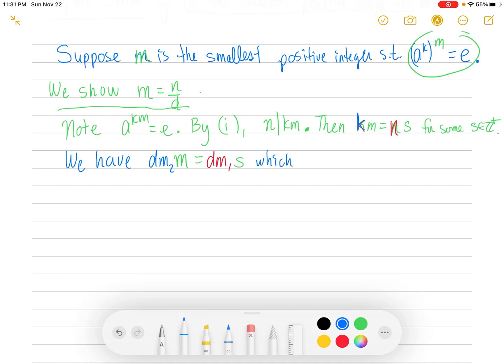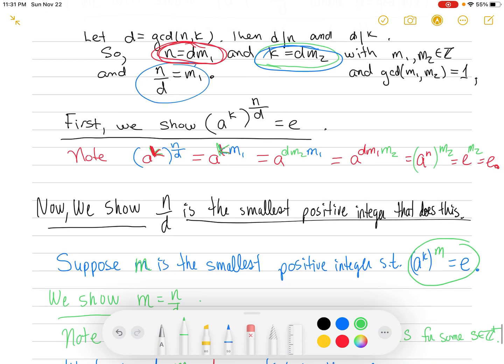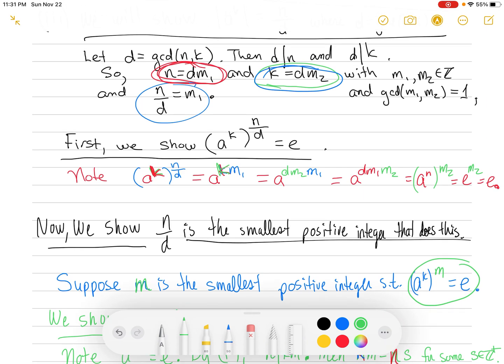And that implies, divide both sides by d here. These are just positive integers. You get m2m equals m1s. Now there's a very important fact that we talked about a little while back.